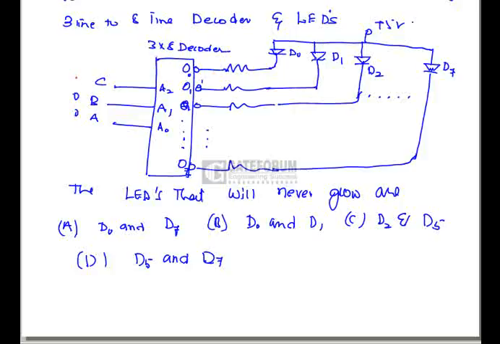If I am giving 0 0 1 as input to the 3 to 8 decoder, O1 is selected, means the output at this position is 0. 0 means here is 5 volts, so the diode is going to be in conducting mode. Here 2 lines are not going to be selected for any input combination, because ABC will not take the 2 unused states. If we do the analysis of what states it has, we know that D2 and D5 will never glow. Option C is correct.